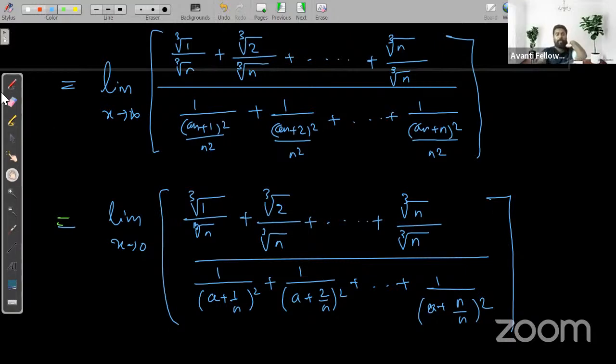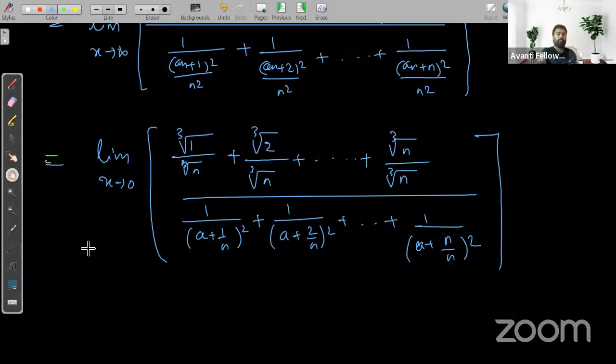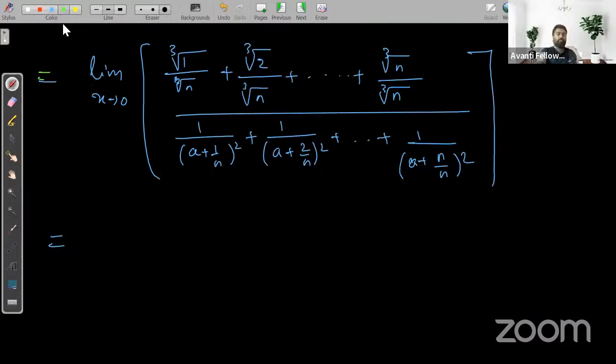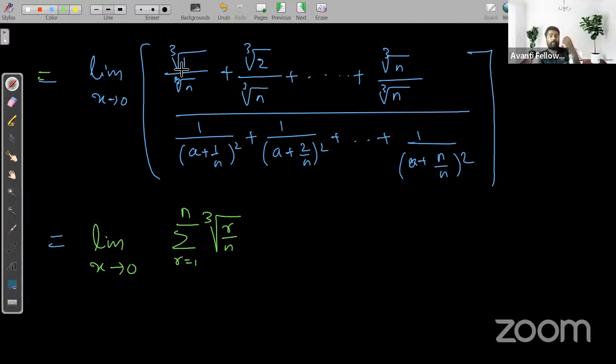Now we'll try to write the limit of the numerator in the format of summation. By using the summation, we'll write the numerator as well as the denominator. So the numerator becomes summation cube root of r upon n, r is equal to 1 to n, because it is going from 1, 2, 3 up to n.